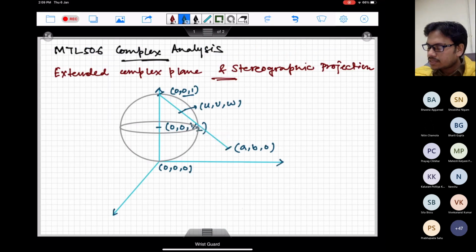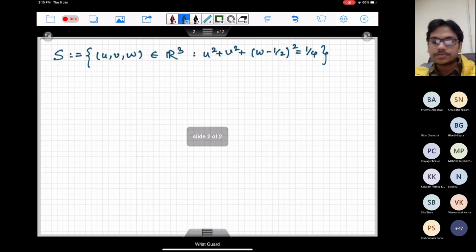As you can see, the center of the sphere is (0, 0, 1/2), and I have drawn a sphere of radius 1/2 centered at (0, 0, 1/2).